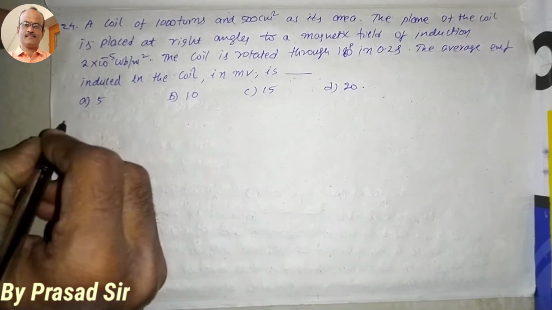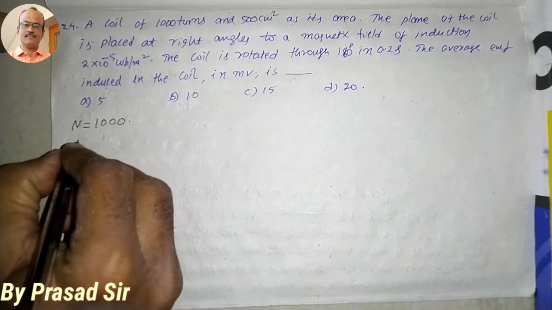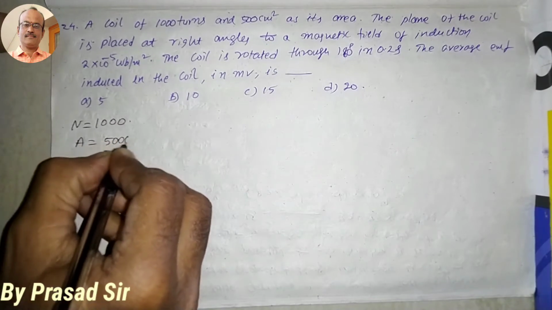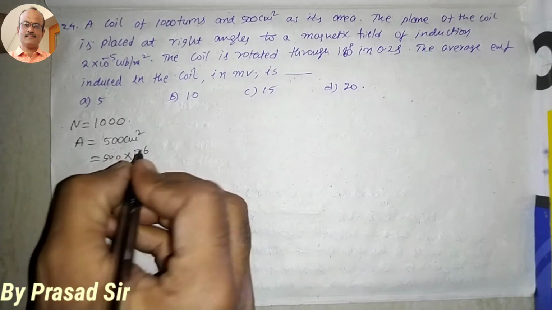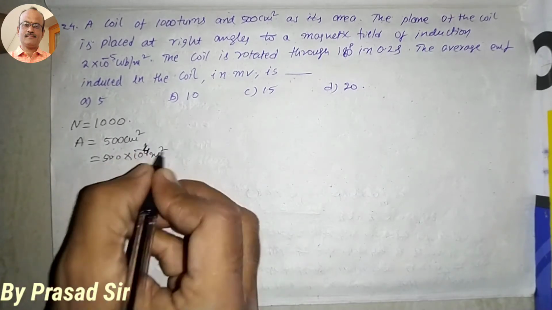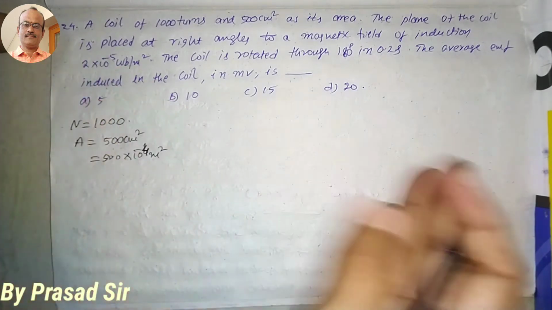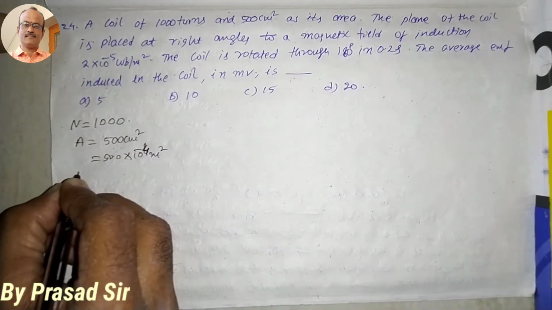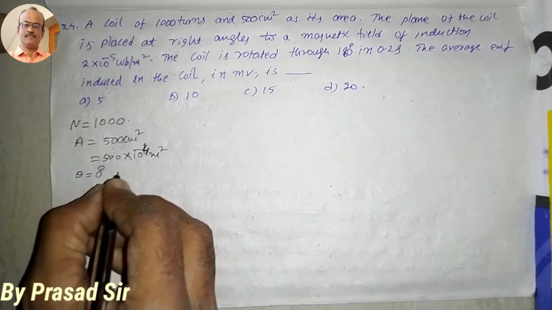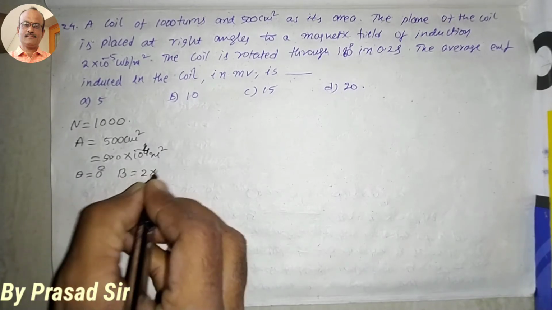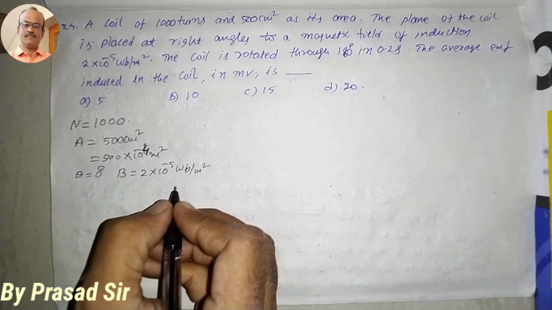So first of all, given number of turns in the coil is 1000 and area is 500 cm², which is 500 × 10^-4 m². Here it is given that it is placed perpendicular to the magnetic field, so the initial angle we take as theta equal to 0 degrees, and the magnetic field of induction is 2 × 10^-5 Weber per meter square, which is nothing but Tesla.